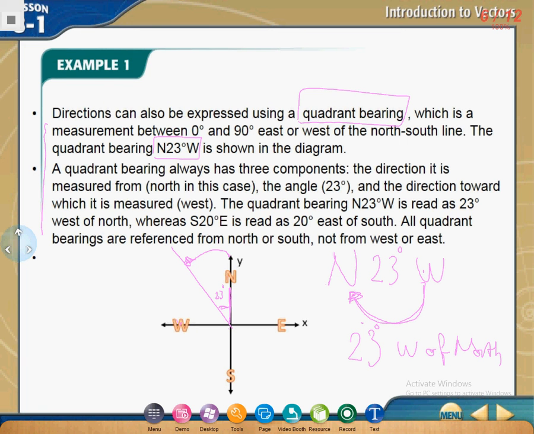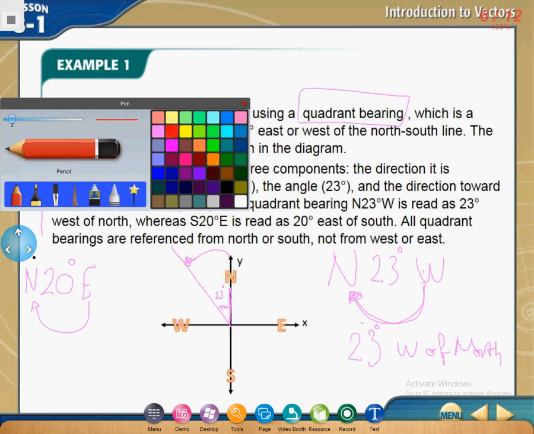Let's try another angle. For example, if you have 20 degrees E here and north here. What does this mean? We are going 20 degrees east of north. Where do you have to start from? Excellent. I have to start from north.